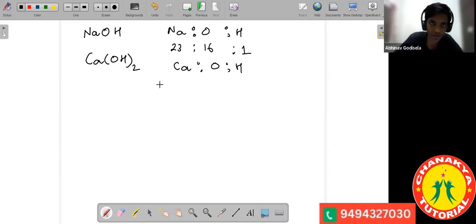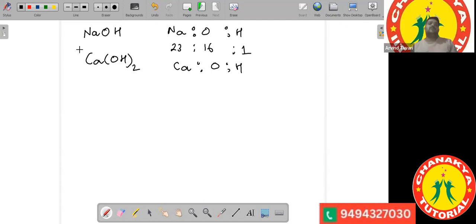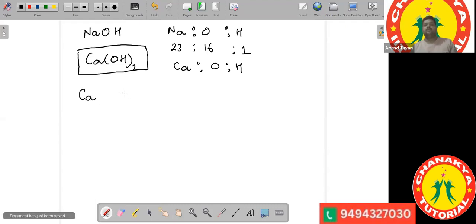Can you once again show how you did it? Just look at this molecule. In this molecule, you have one atom of calcium, two atoms of oxygen, and two atoms of hydrogen.